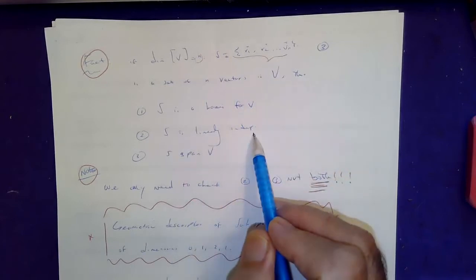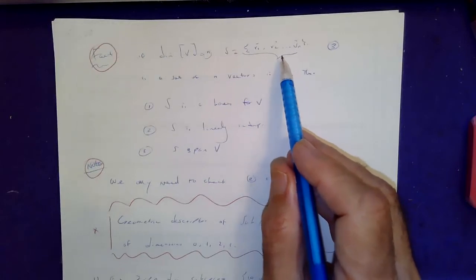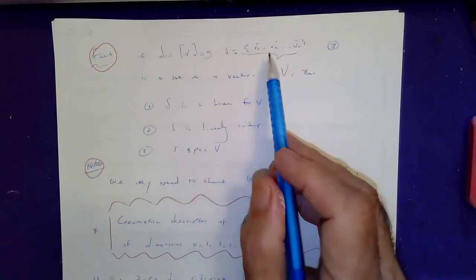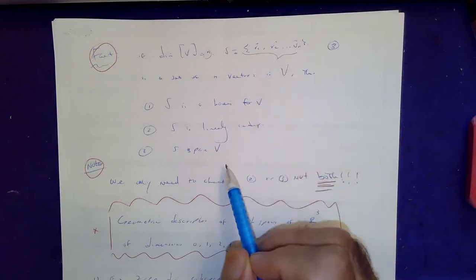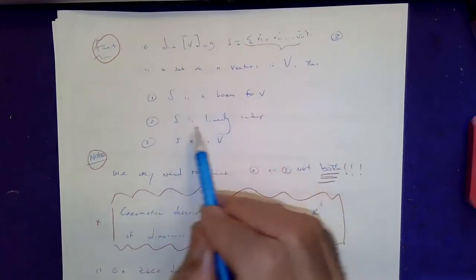S is linearly independent, and the vectors in S span the vector space V. The moral of the story is as follows.